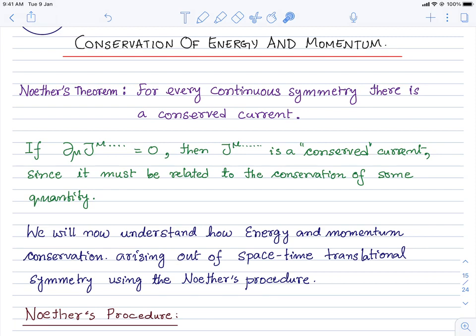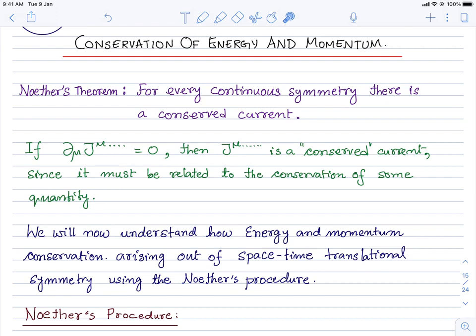We already have seen energy and momentum conservation starting from the equation of motion, right? That was the Poynting theorem and the conservation of momentum theorem, if you consult the previous videos. But now we want to do it covariantly, and we want to understand how all that fits together. If you want to do it covariantly, it follows from the Lagrangian by a procedure due to Noether.